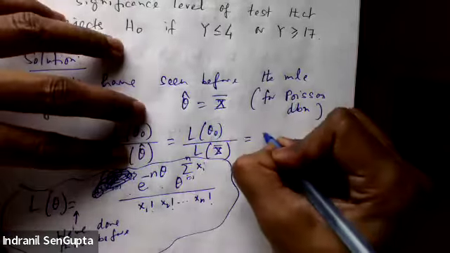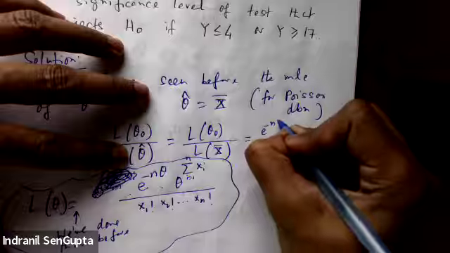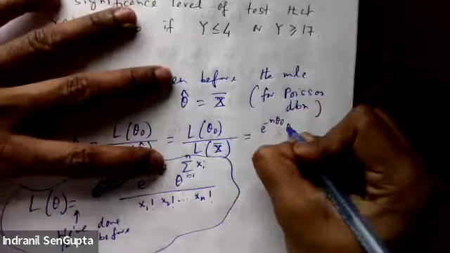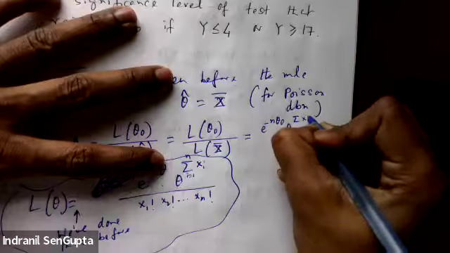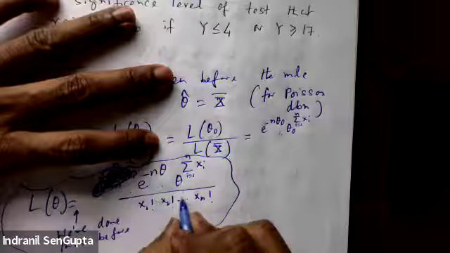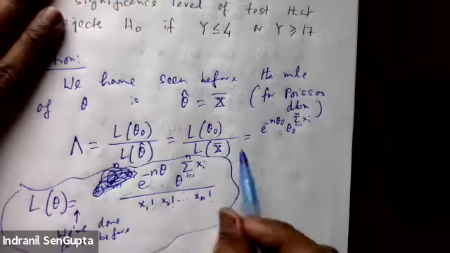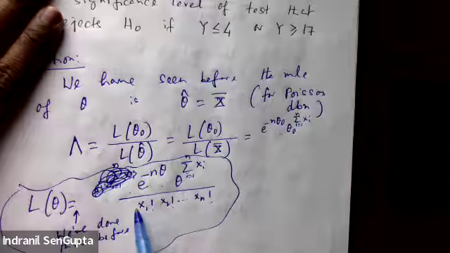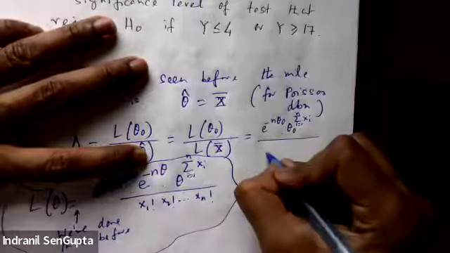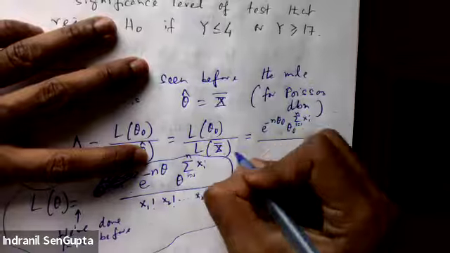So this quantity is e to the minus n theta 0, and then we have theta 0 to the summation x_i, i from 1 to n, over this one. And this one is the same for numerator and denominator because this is independent of theta, right? So this will cancel out. And for the denominator, I have to replace theta by x bar.